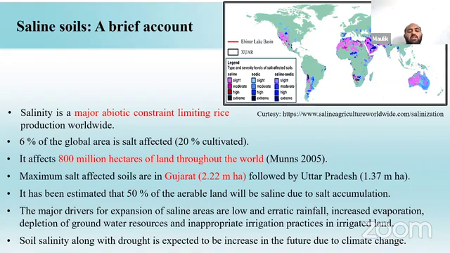So, what are the major causes of increasing salinity? First of all, low and erratic rainfall, increased evaporation, depletion of groundwater resources, inappropriate irrigation practices, and also injudicious use of fertilizer.